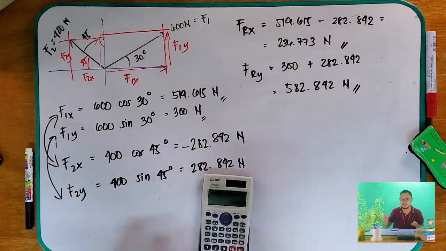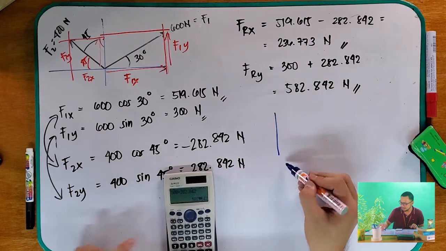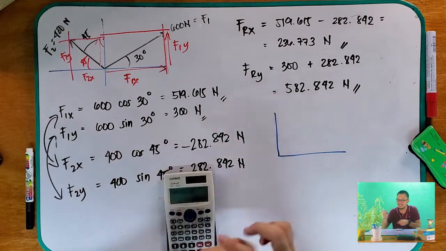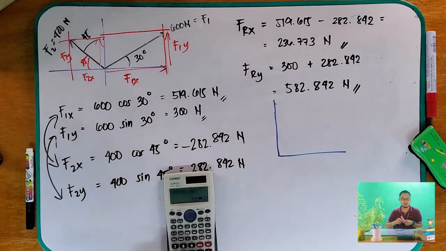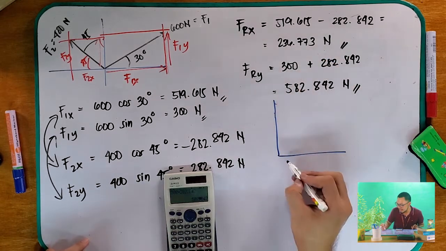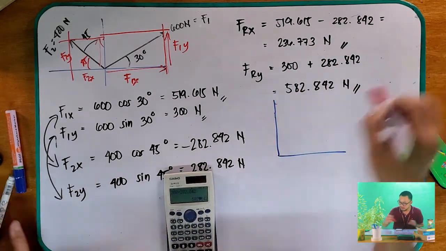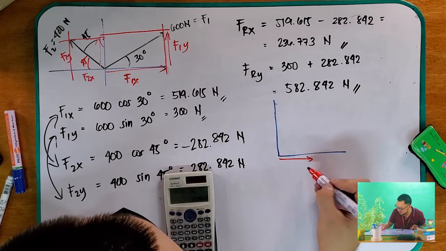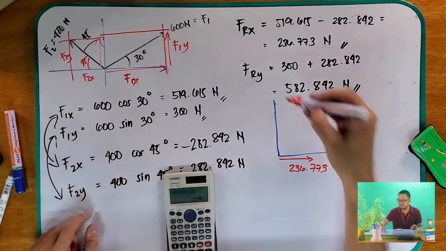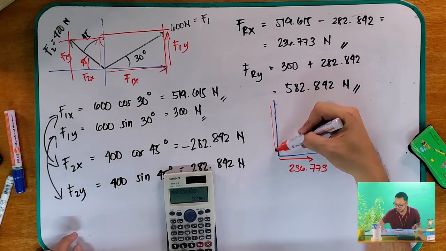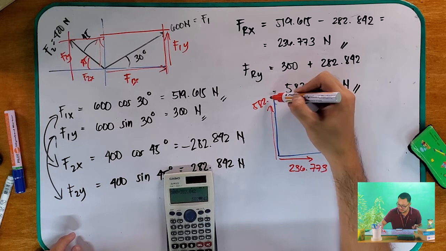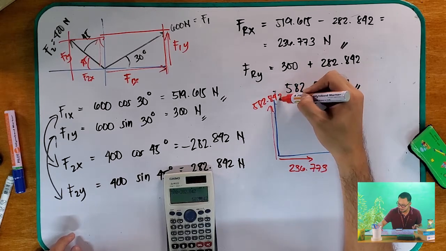And if we show this here, you can see that it is positive and positive, so it is in the positive quadrant. So you can see that your Frx is 236.773, and your Fry is 582.842.